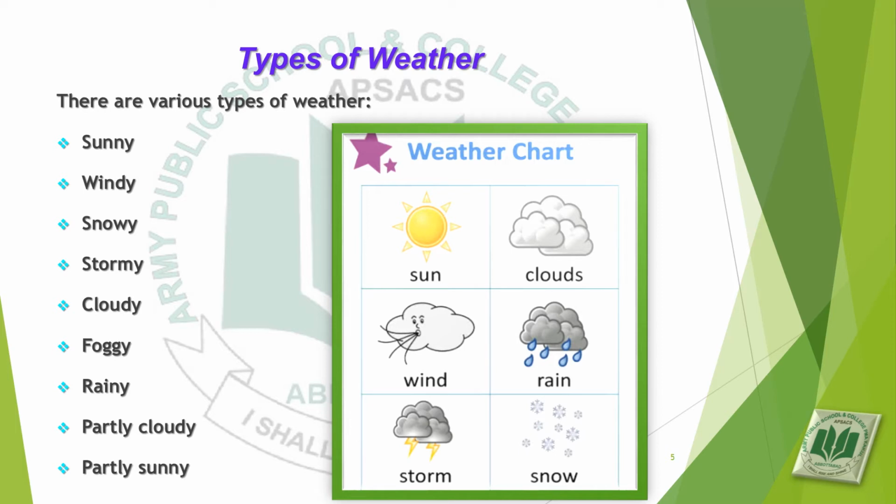Six different types of the weather are also shown here in the weather chart. If we talk about these types of the weather, we need not go into their details because every term is very clear, so we can guess the type of weather from the very name.